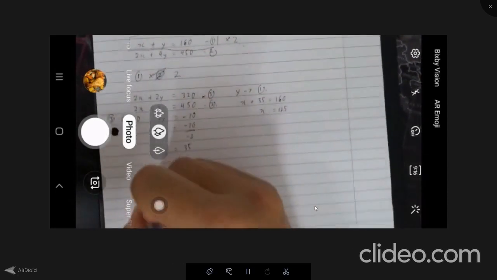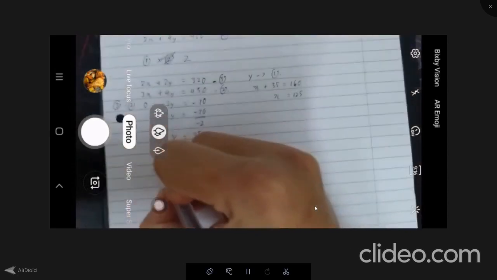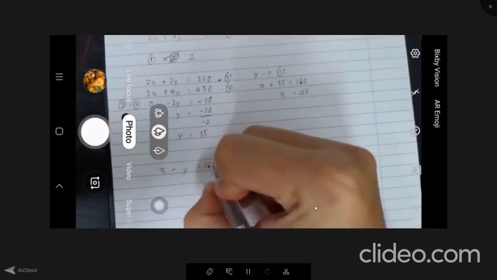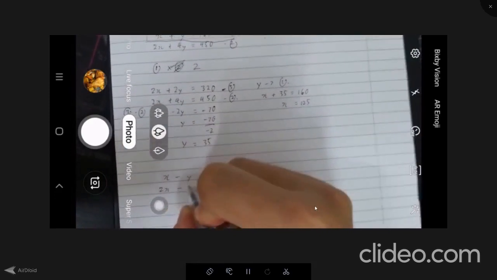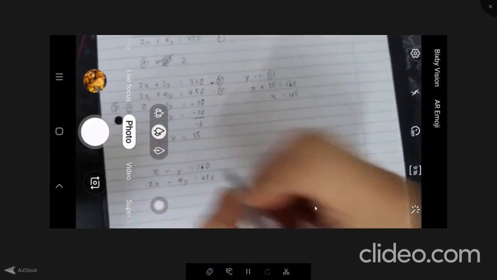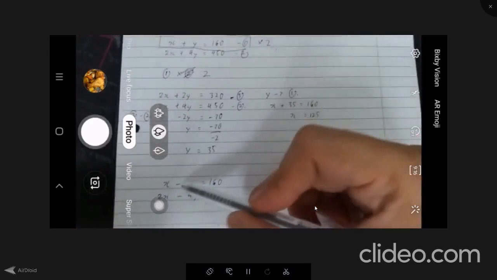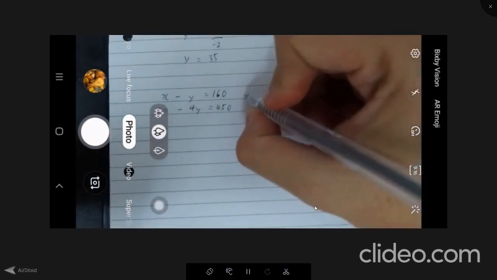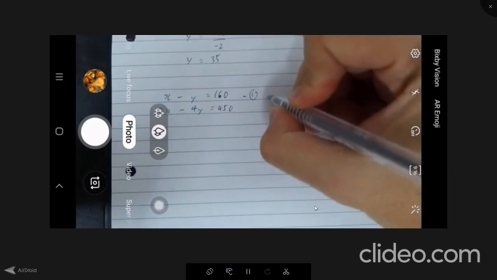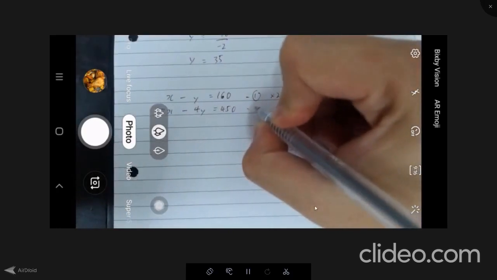Let's say we have x minus y equals 160, 2x minus 4y equals 450. Now this one is similar to the top one, the only difference is the negative. So let's focus on the bottom one first. Same thing, this one is equation 1 and we want to times 2. This is equation 2.